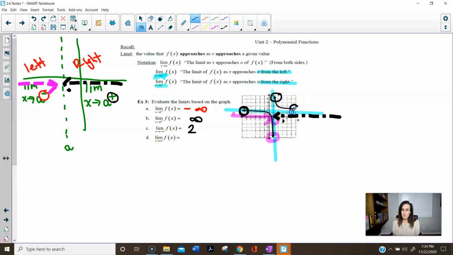So here, positive infinity means as I'm going right forever, what am I getting closer and closer to? And I am getting closer and closer and closer to 2. Now you guys notice that 2 happens to be my horizontal asymptote. So these ends are approaching the horizontal asymptote. Very, very interesting.